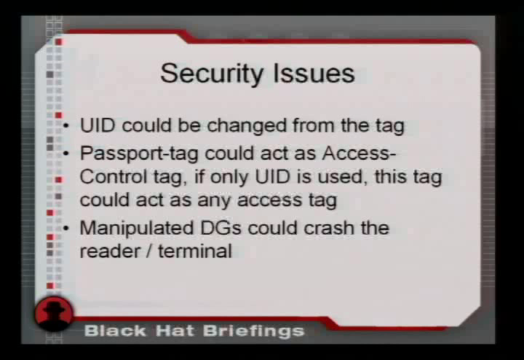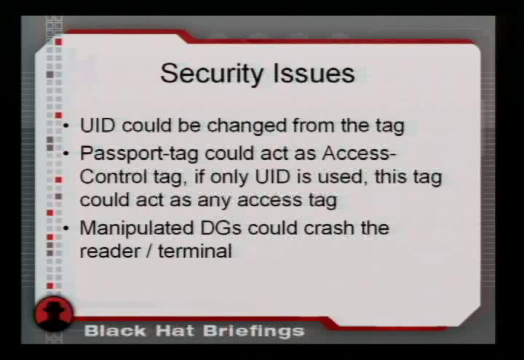With this type of tag, if we have an access control system that is using only a unique identifier, this tag has a small algorithm generating a random number and sending it as the unique identifier. So if you change it, you can fool any ISO 14443 access control system. They only rely on a unique identifier.